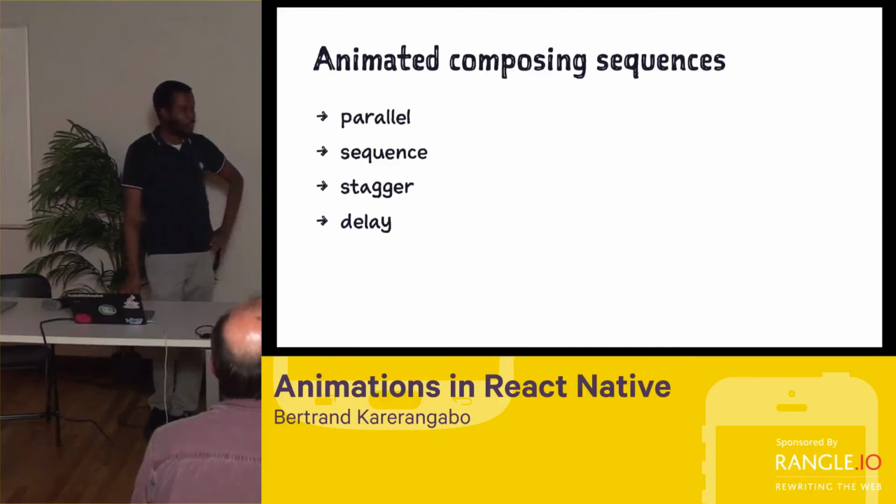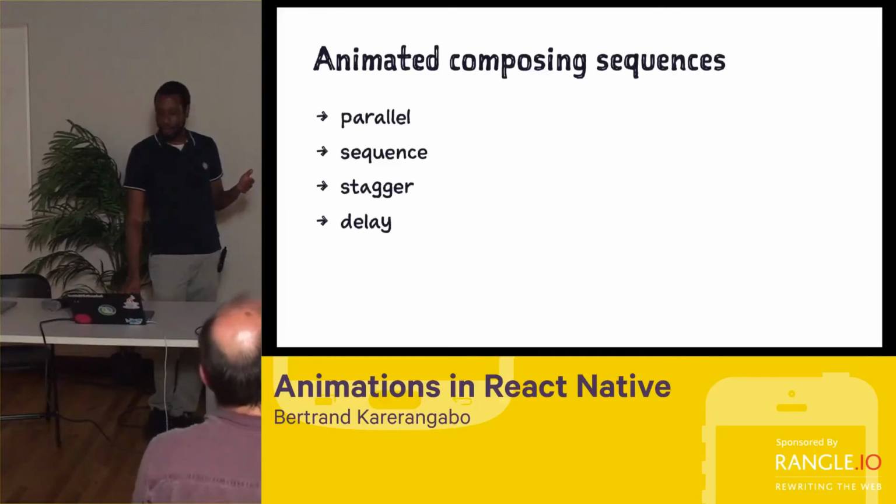OK, so this is where the power really starts shining. Sometimes we just called start on an animation. But what if we wanted more things to occur than just that? Animated allows you to declare sequences, which are an array of animations.